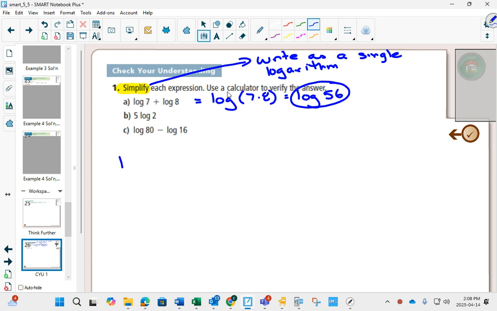Log base 2 of 5 in B, I can take this 5 and move it inside as an exponent. Now it's a single logarithm. Before it was 5 logarithms, because there's a 5 in front. 5 times this makes it 5 logarithms. I want a single logarithm, and I can simplify that to be log of 32.